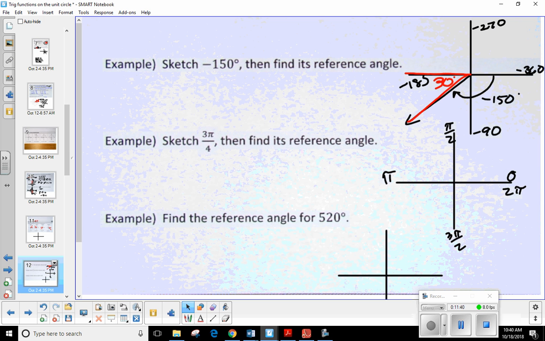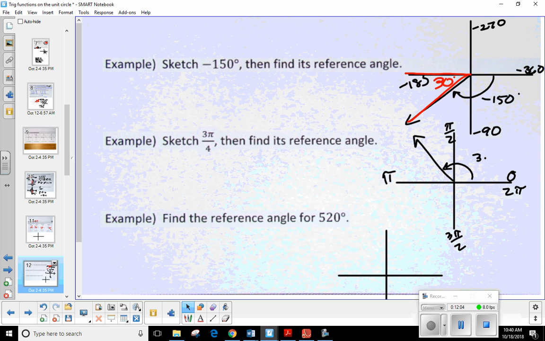Let's see here. How about Shana? Where is 3 pi over 4 going to place me? What quadrant? The second, there you go. Because here we have 1/2 pi, we have 1 pi, so 3/4 pi would be right between them. So I'm going to rotate over.